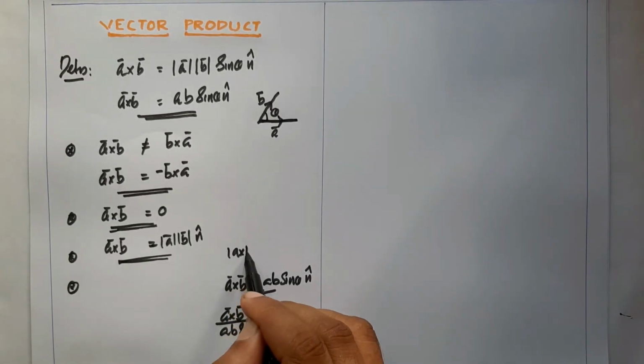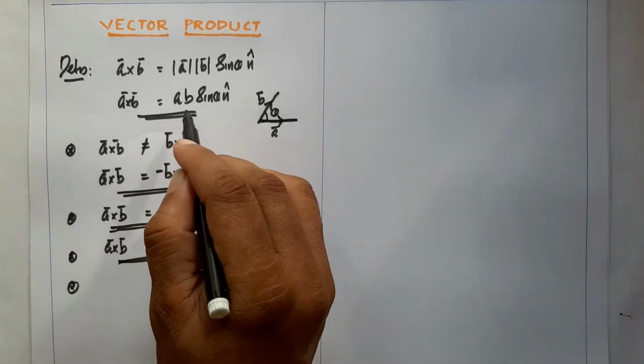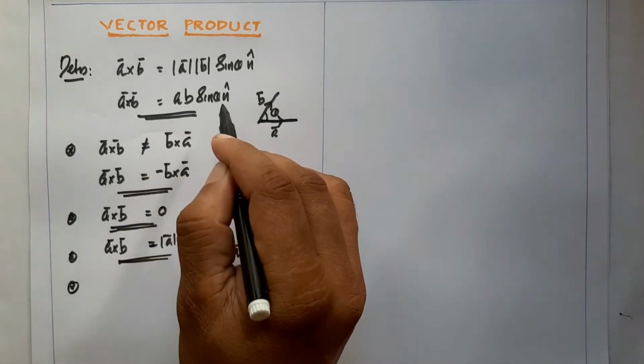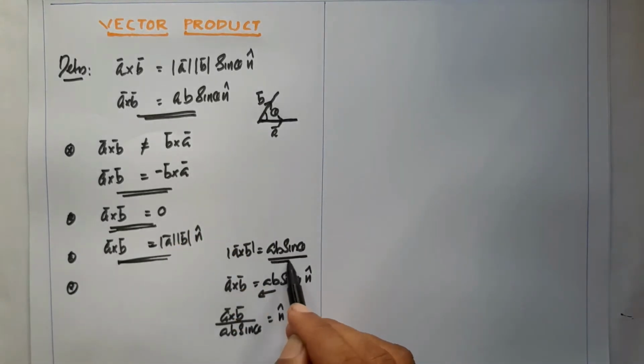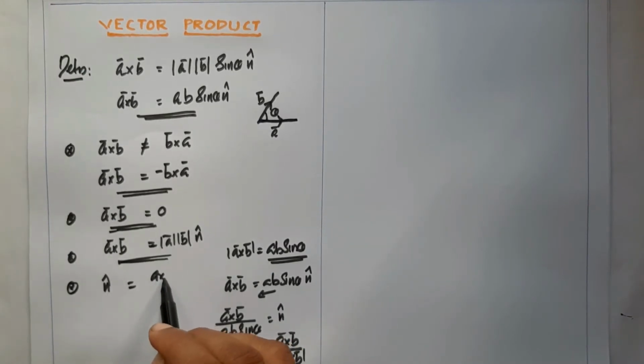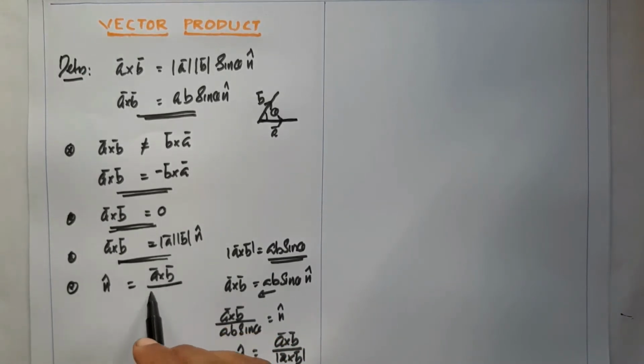Here the modulus of A cross B is equal to AB, sin theta is the modulus value of sin theta, and the modulus of a unit vector is 1, that is AB sin theta, and therefore n cap is equal to A cross B divided by modulus of A cross B. This n cap is equal to A cross B divided by modulus of A cross B.